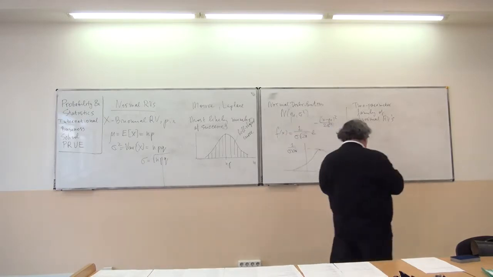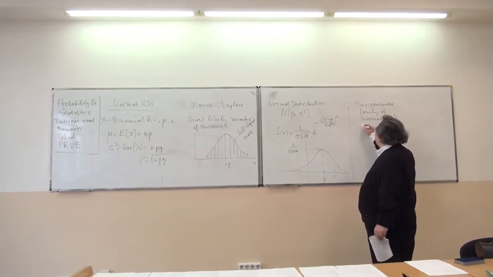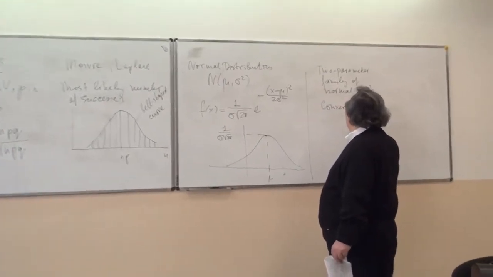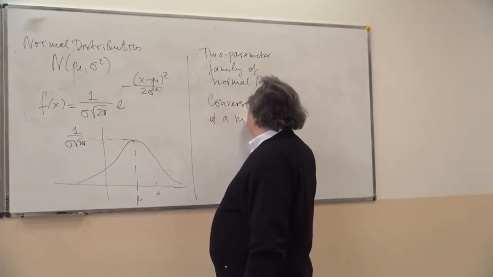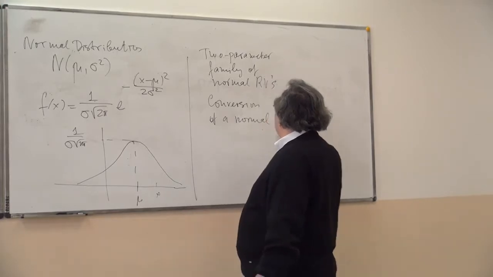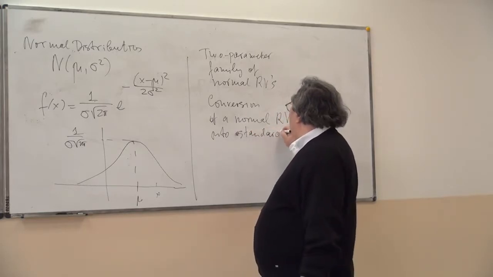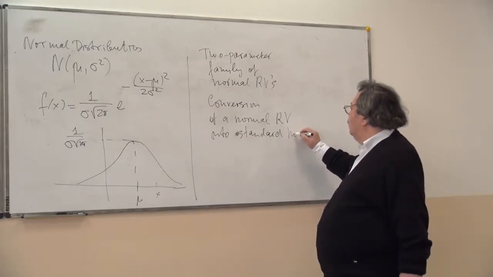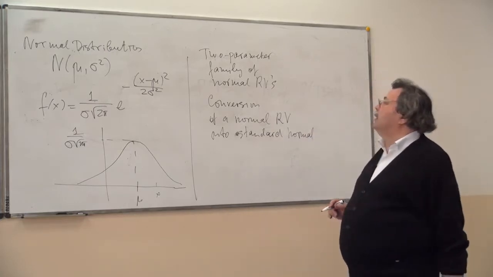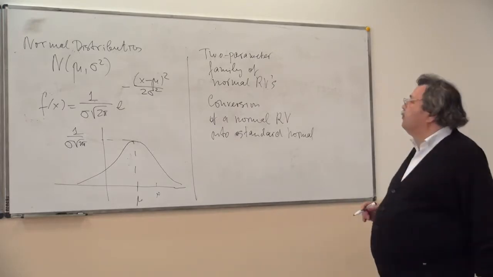And this is how it's done. Conversion of a normal random variable into the standard normal random variable.